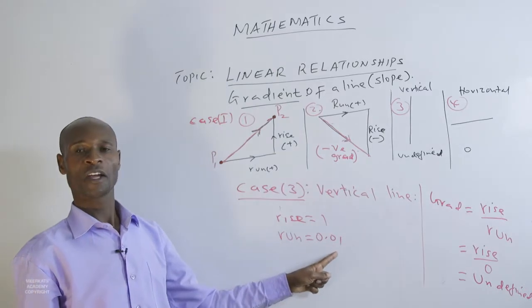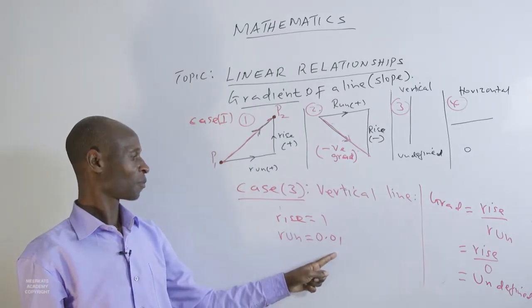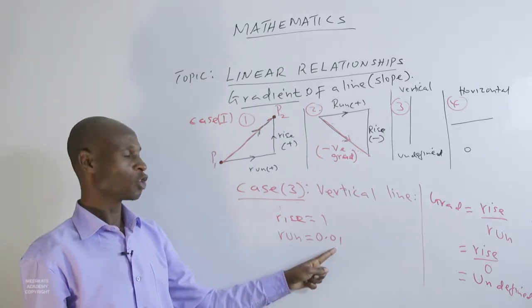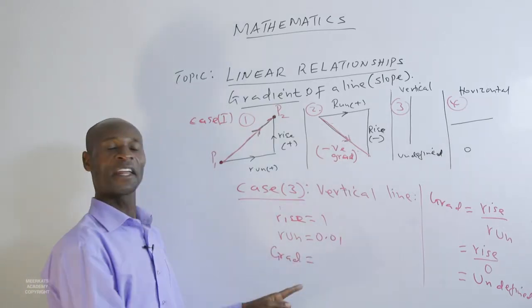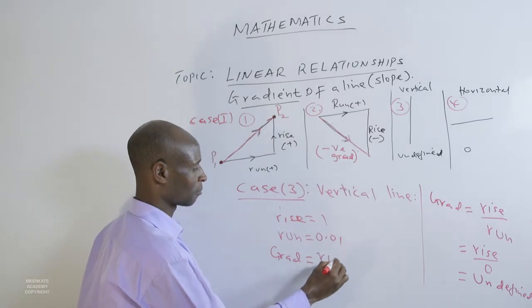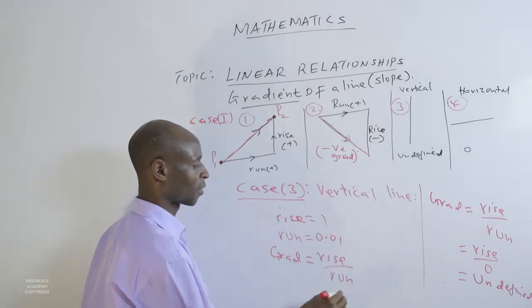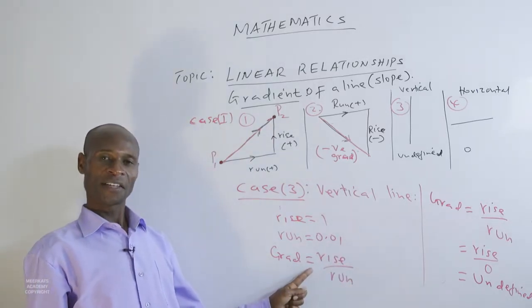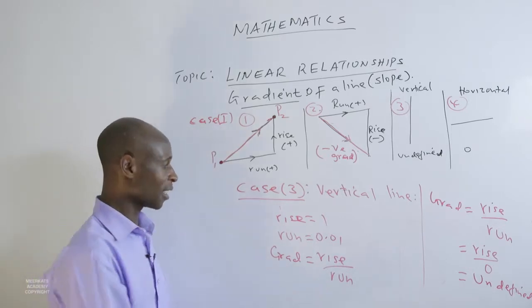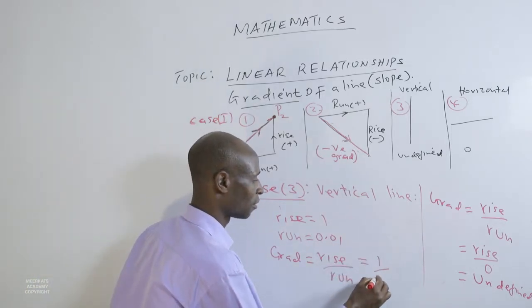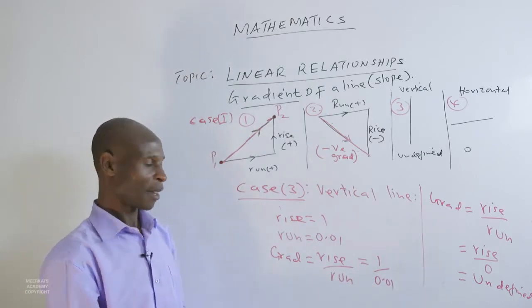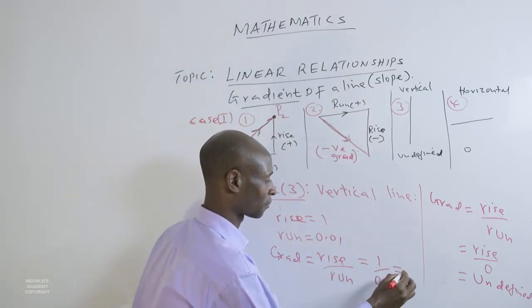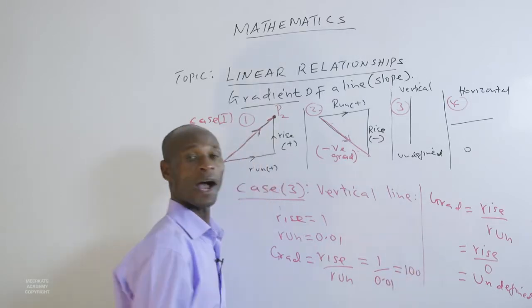This value is very close to 0 if we round off to one decimal place. So the gradient will be given by taking the rise divided by the run. In this case, 1 divided by 0.01, and that gives us 100.